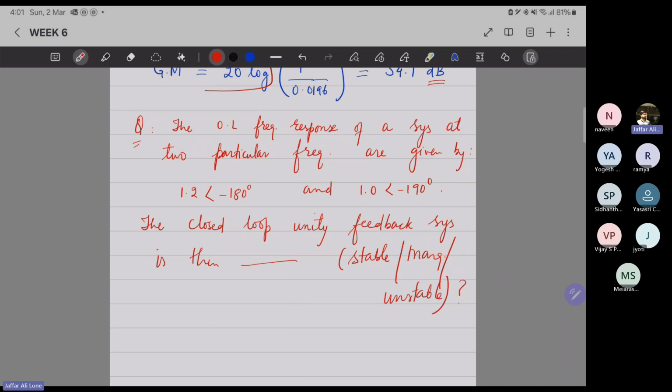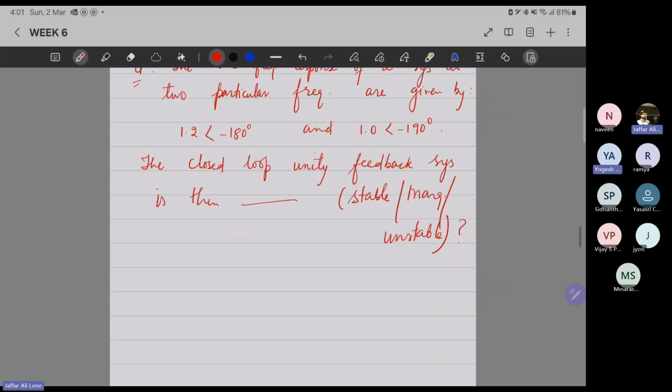So I'll give you a hint. I told you if my gain margin is positive, my system is stable. So is it with the phase margin. If both gain margin and phase margin are positive, my system is stable. If they both are negative, my system is unstable.